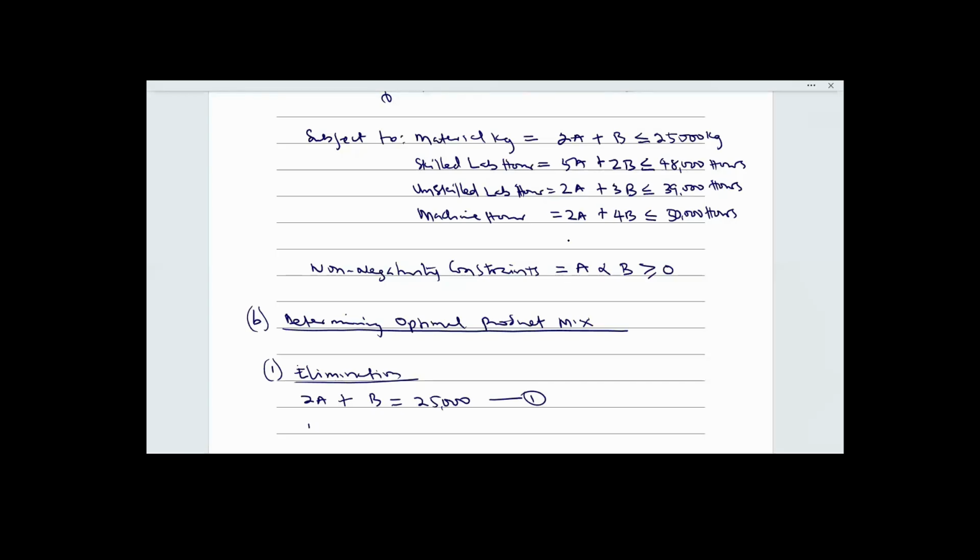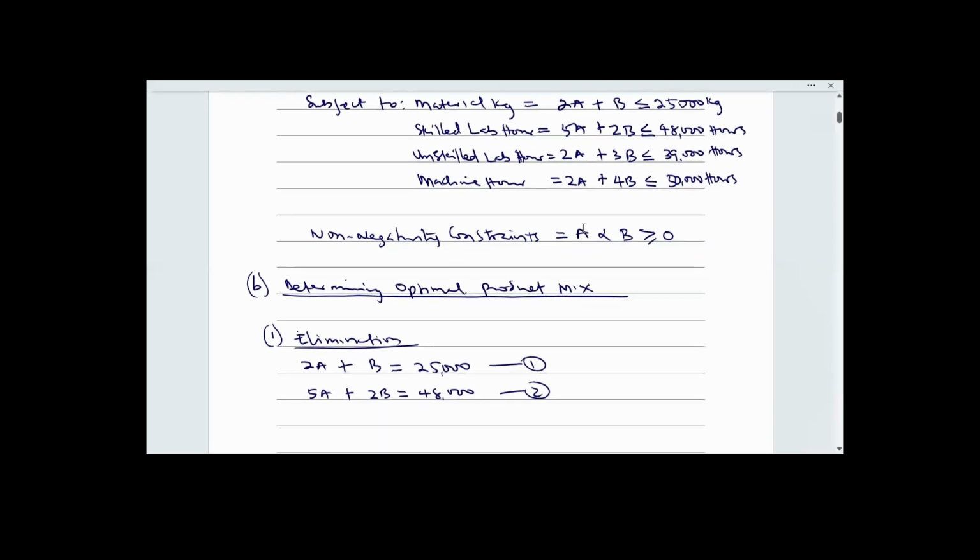Then 5A plus 2B equal to 48,000. That's equation 2. Then 2A plus 3B equal to 39,000.